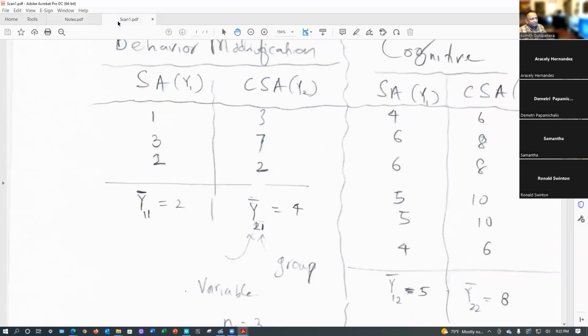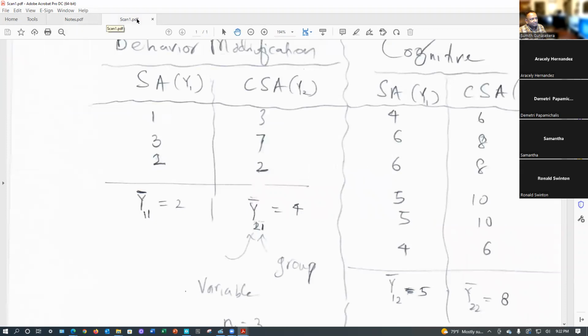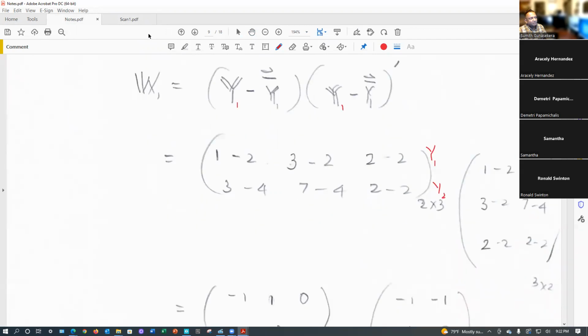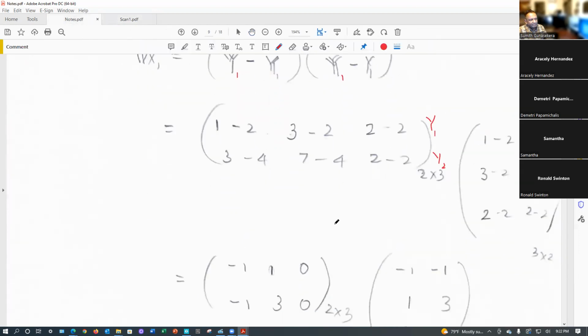1 minus 2, 3 minus 2, 2 minus 2. Okay, that's right. Why here not right? There should be 4.